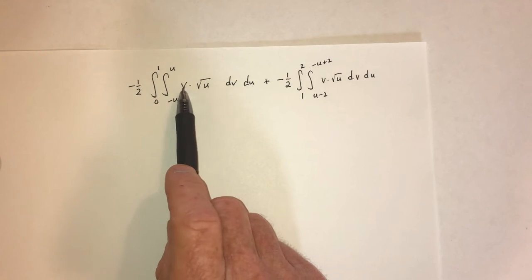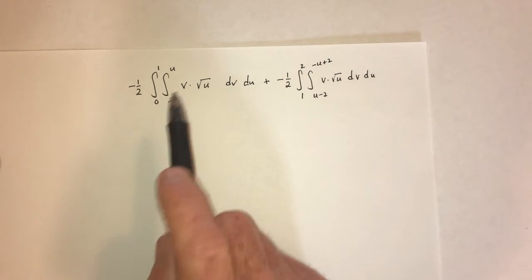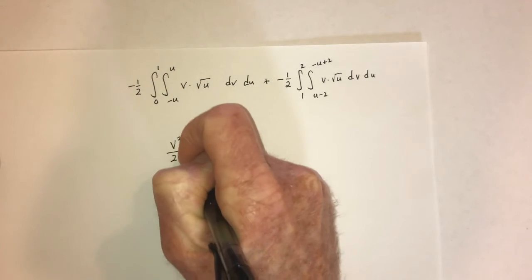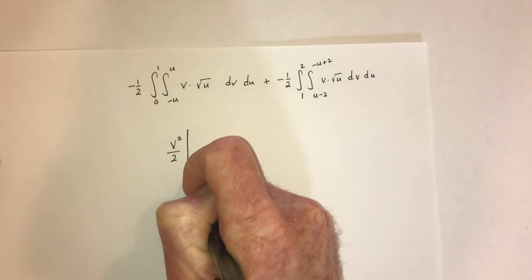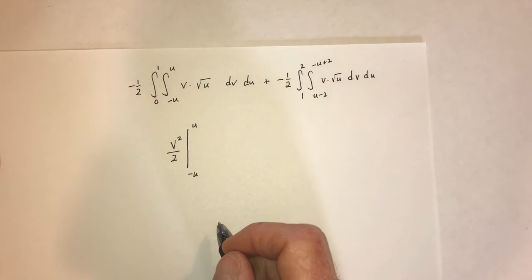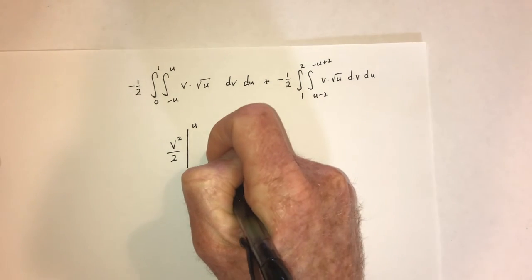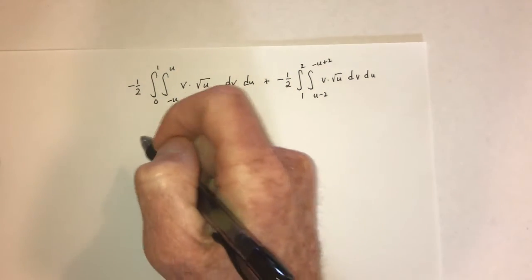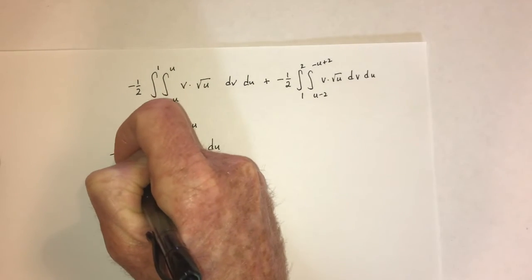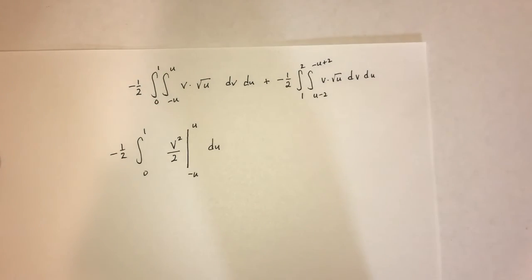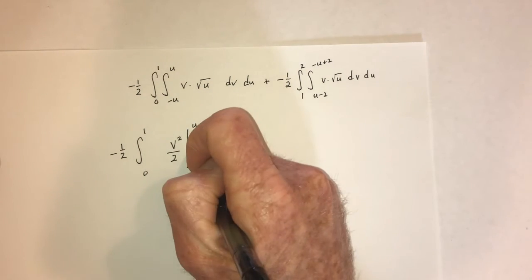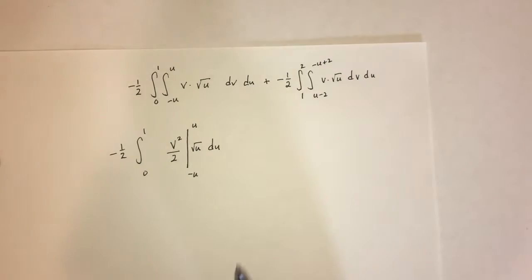So hold this constant, and this will become v squared over 2. And then evaluate that from negative u to positive u. And then later there would be du, and that would be integrated from 0 to 1, and the negative 1/2 is factored out. Oh, I forgot to write down my square root of u also.